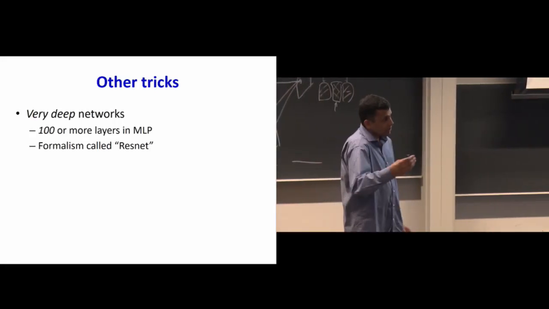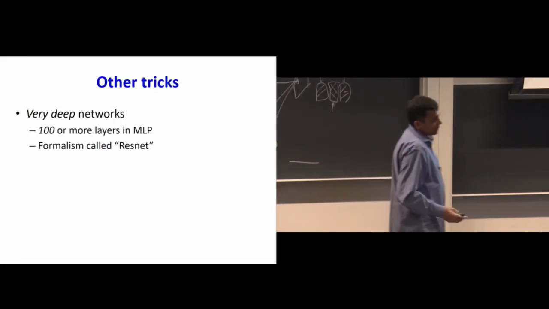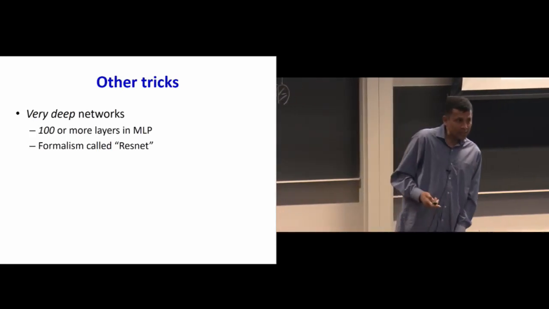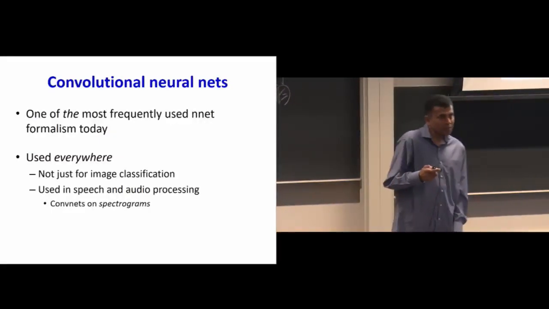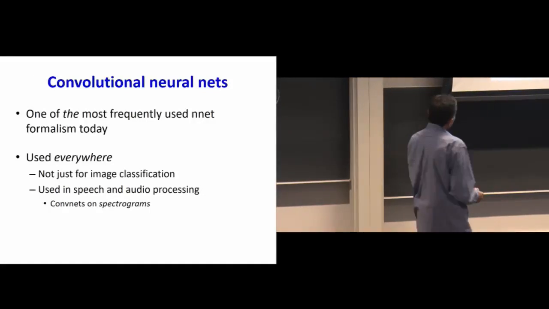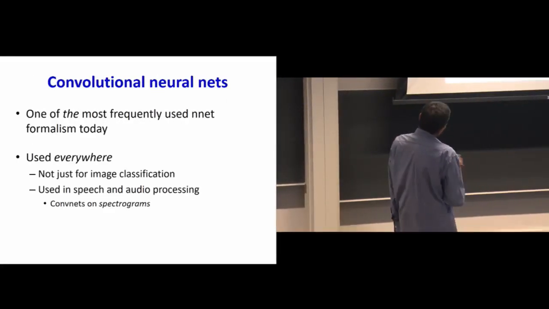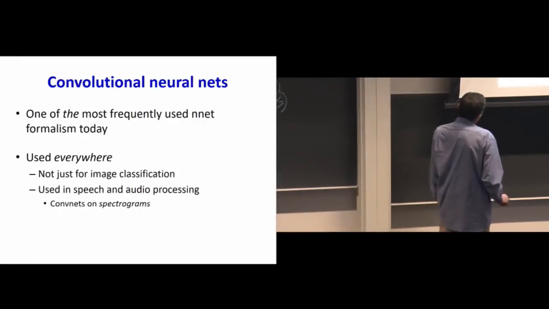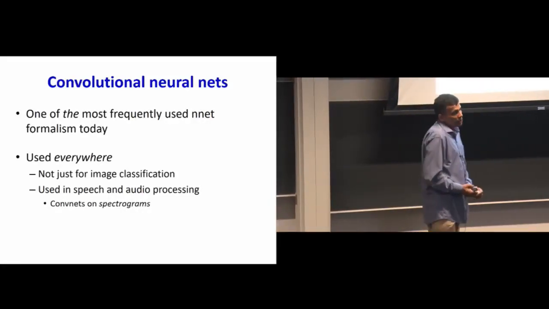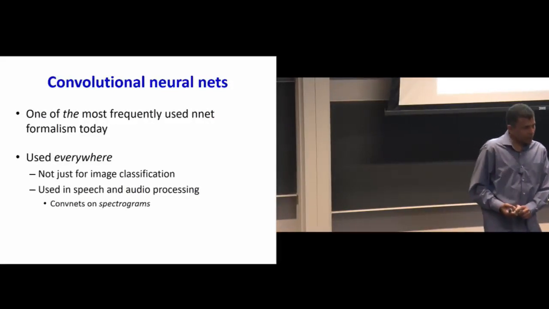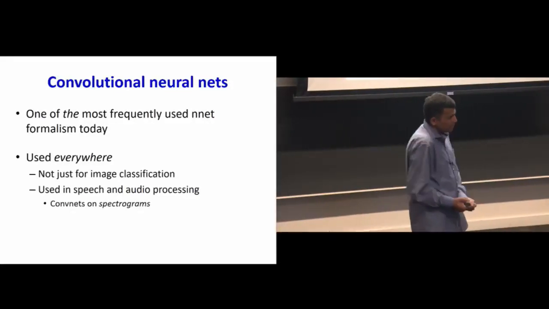When the number of layers becomes very large, the gradients get really unstable. To account for this, one of the most common formalisms is something called a ResNet, which we'll see in a few minutes.